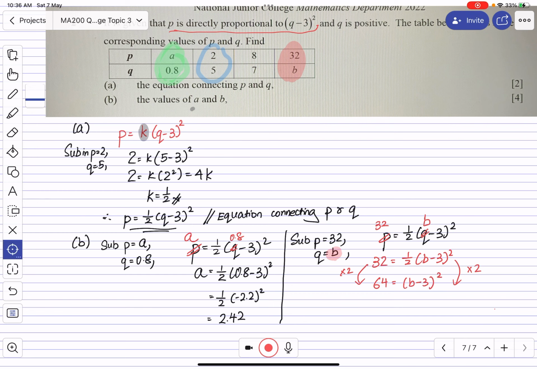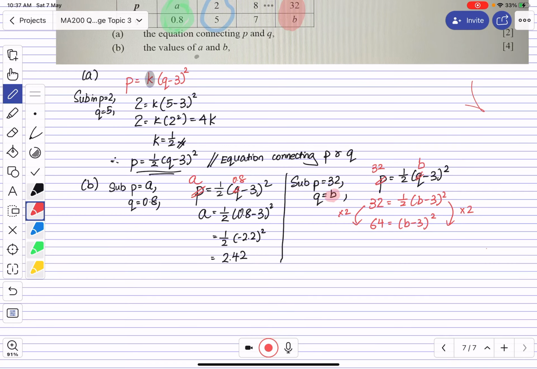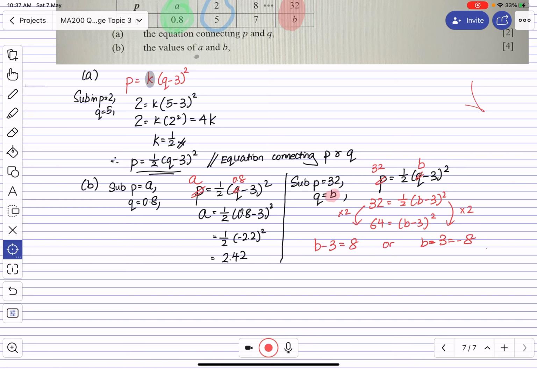From here, I want to square root both sides to get rid of the square. So I will have B minus 3 equals 8, or B minus 3 equals negative 8. Remember that when you square root, you need to take a plus minus.